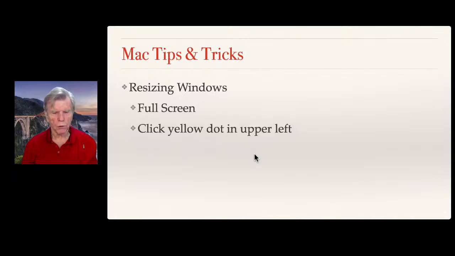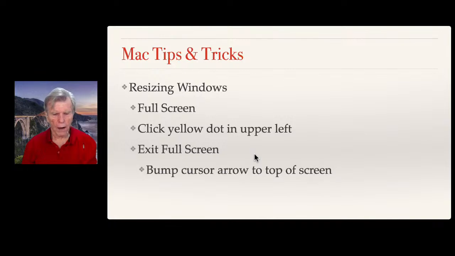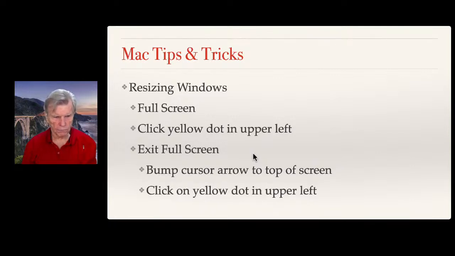So to get into full screen mode, you click the yellow dot in the upper left-hand corner of the window. To exit full screen mode, you have to bump the cursor arrow up to the top of the screen to reveal the menu bar because it is hidden in full screen mode. And then you click that same yellow button in the upper left to get out of full screen mode.